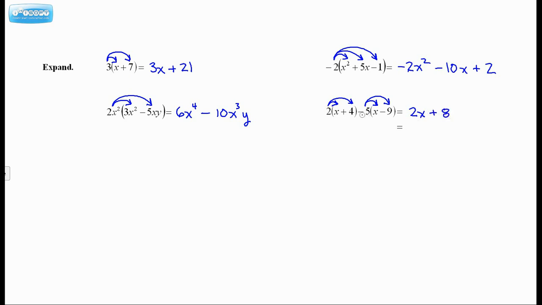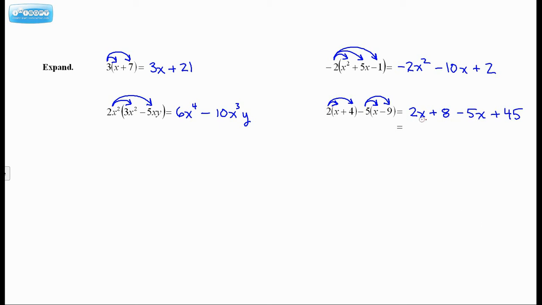Moving on. Now, this is not 5. Think of this as negative 5. So negative 5 times x is negative 5x. Negative 5 times negative 9 is positive 45. Well, we're not quite done, but at least the majority of the work, the hard part, is over. Now, we just simplify as much as possible by combining like terms.